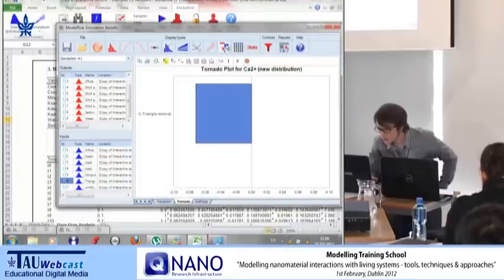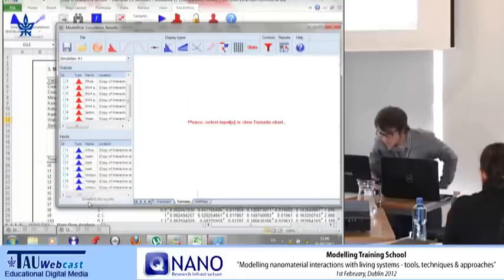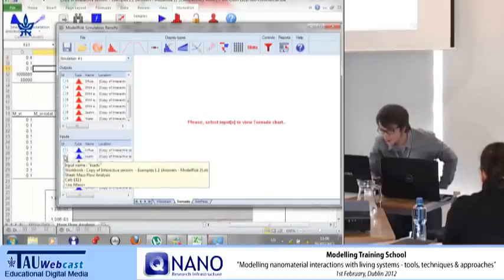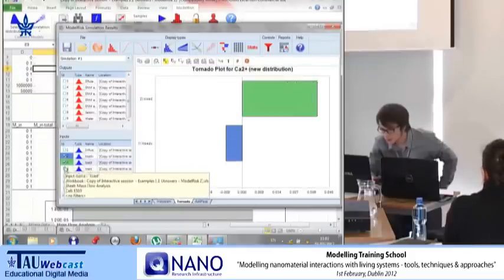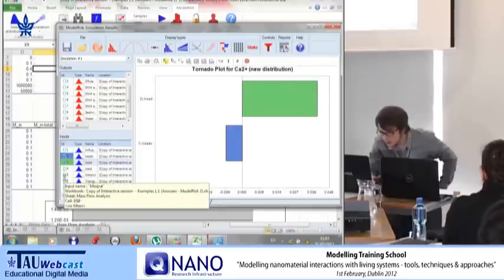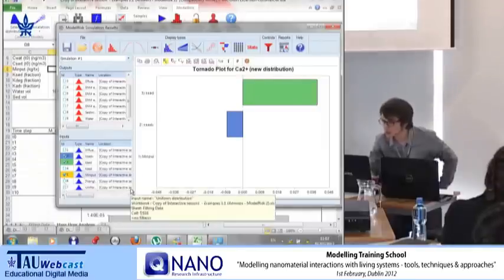I want to look at the influence of things. So I want to pick the influence. I'm going to look at the influence of advection, sedimentation, and input. So each, yeah.